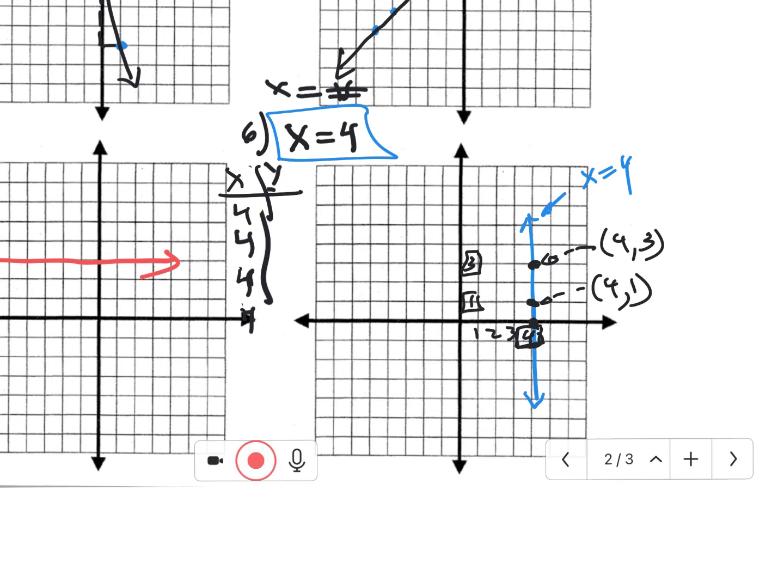And let's look at maybe this point. Doesn't this point have an x value of 4 and a y value of -3? Do you see that each of these coordinates, the x value of the coordinate, is always 4? So we say that this is the x equals 4 line.